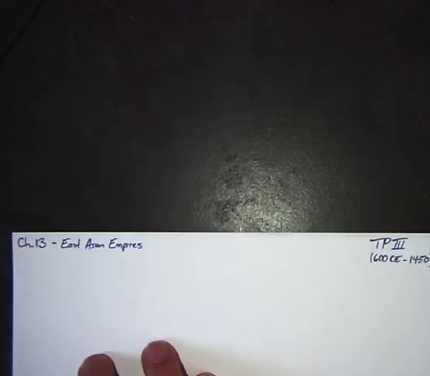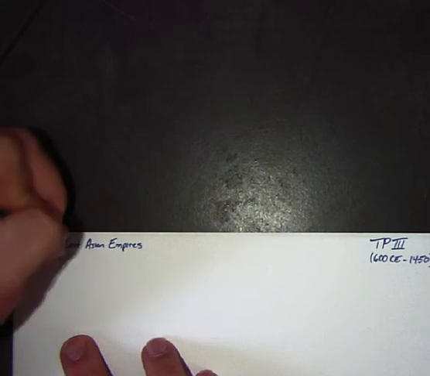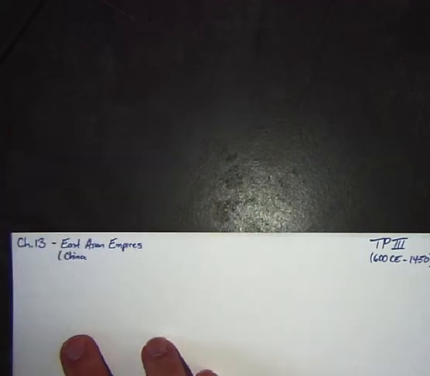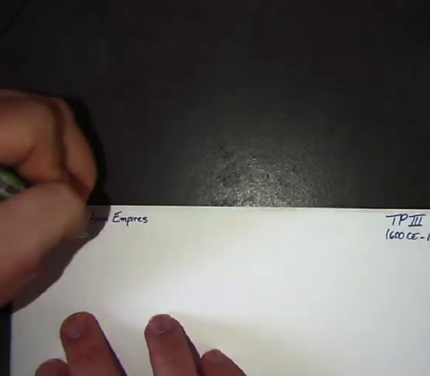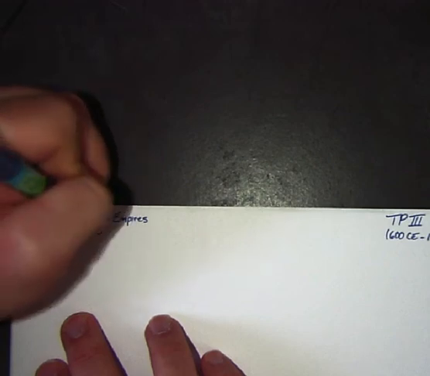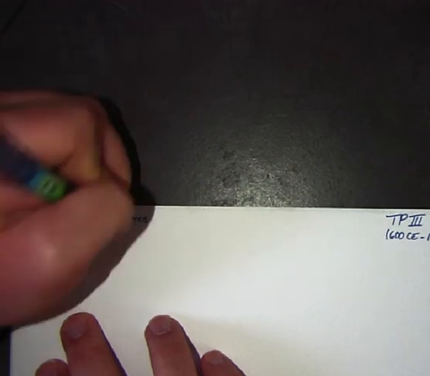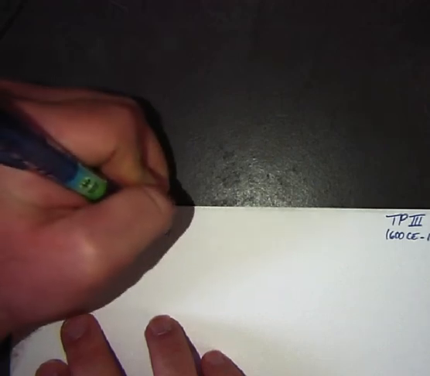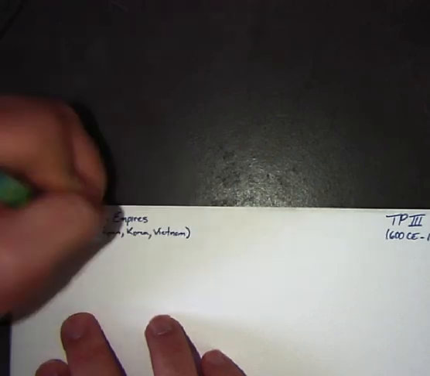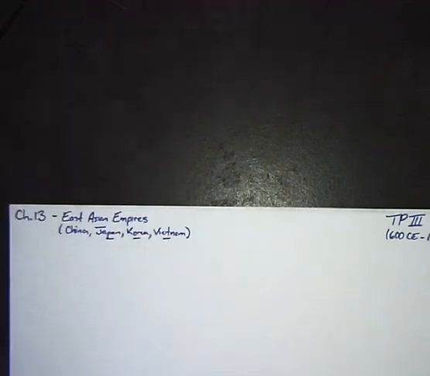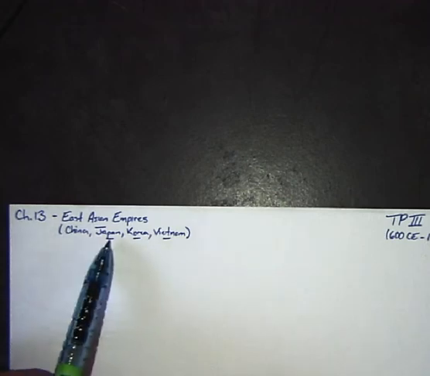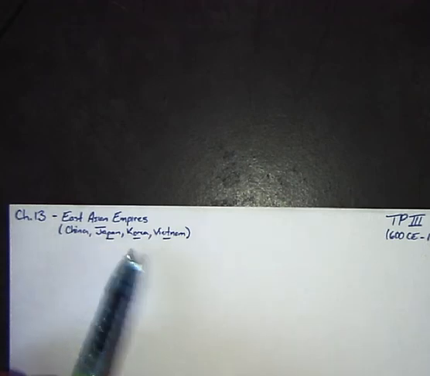Most of our time in here is going to be spent talking about China, but we're also going to start looking a little bit at Japan, Korea, and Vietnam. So I think in what will be the fourth video on this chapter, we'll take a brief look at what's going on in Japan, Korea, and Vietnam.